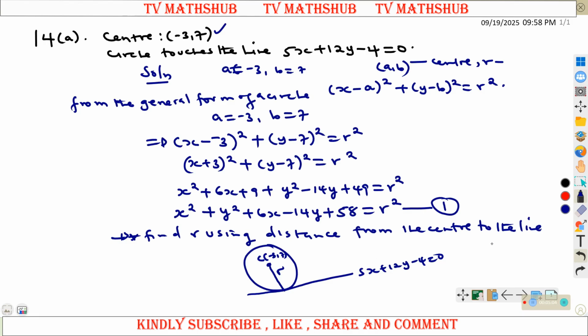And how do we get such a distance? How do we get a distance from the center to the line? We can easily get that by using the definition that we all know.